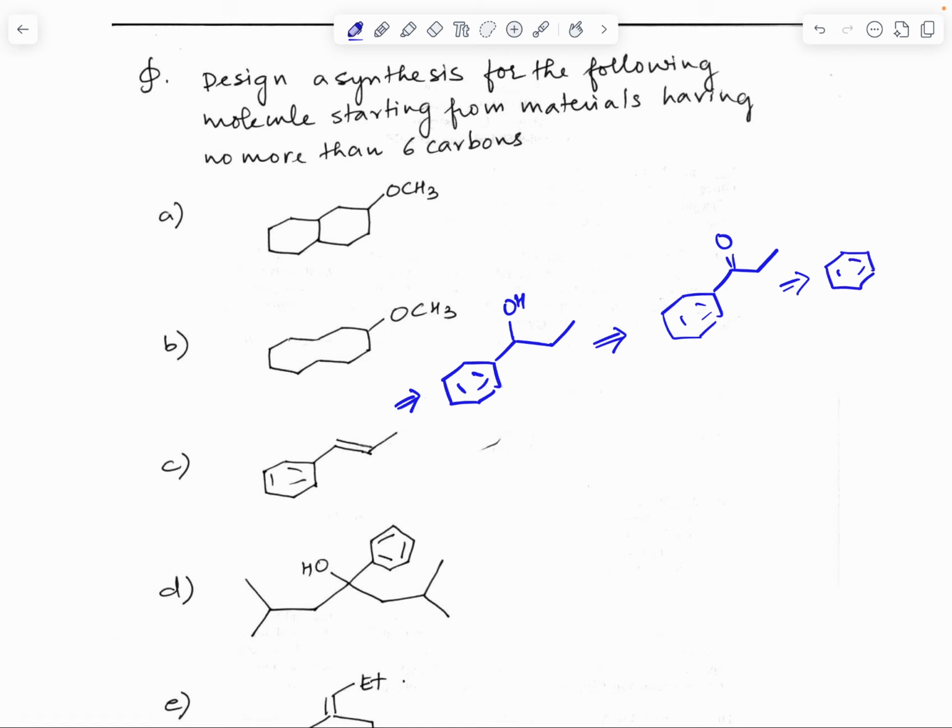All right, so the forward reaction, I'm going to do that in a different color. Let's use green. The forward reaction would simply be to go from the benzene to the ketone product. We're just going to use this reagent.